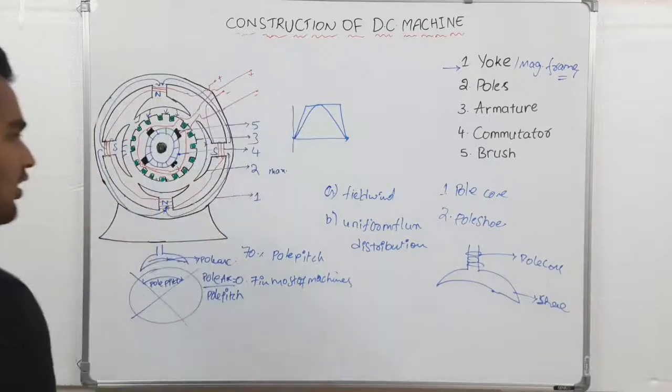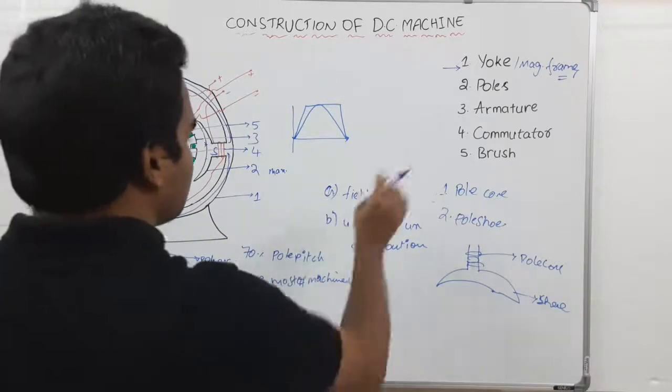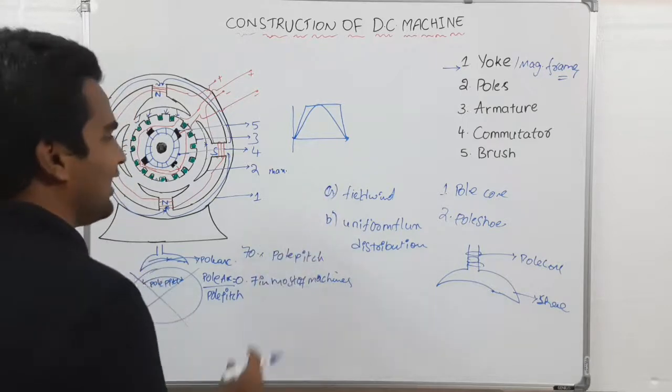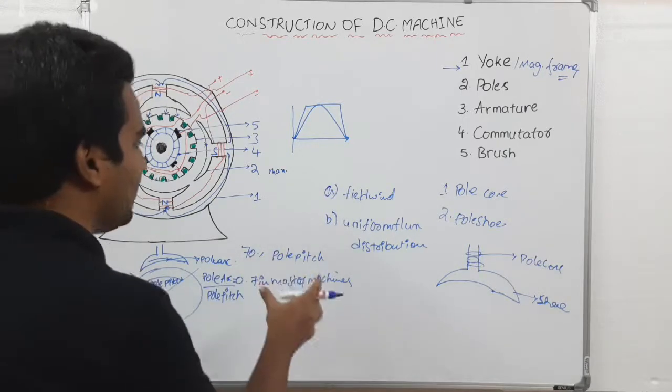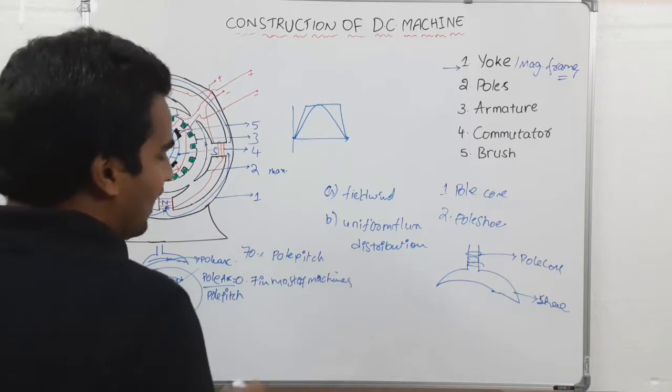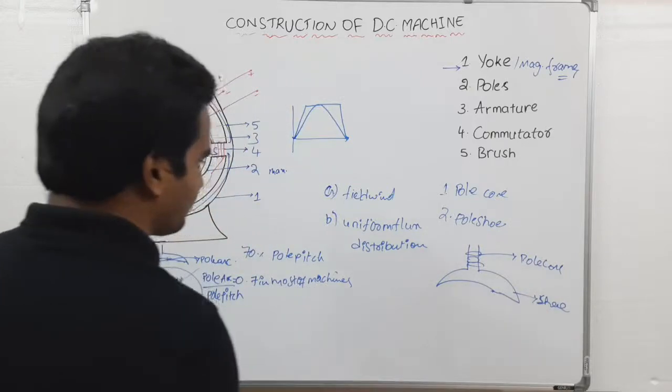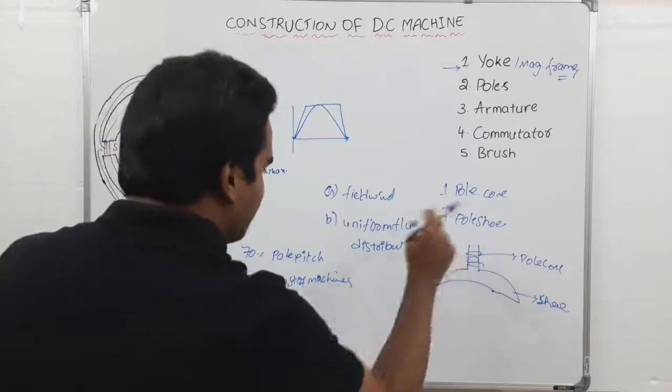Once again, poles accommodate the field winding, and these poles act as electromagnets when the field winding gets excited. There are two parts of poles, pole core and pole shoe. The pole core accommodates the field winding.